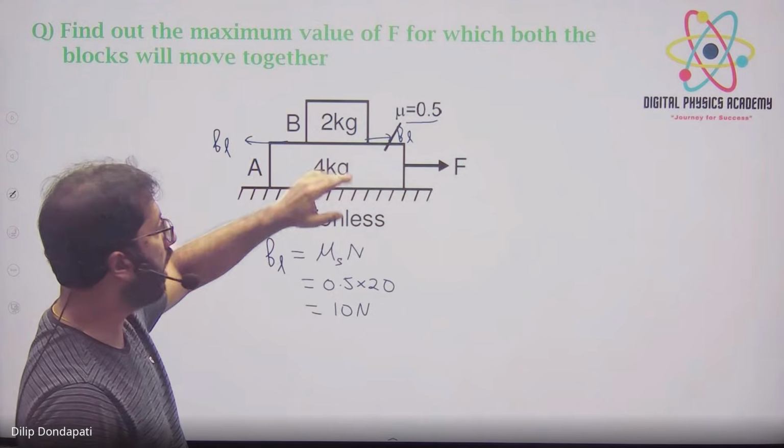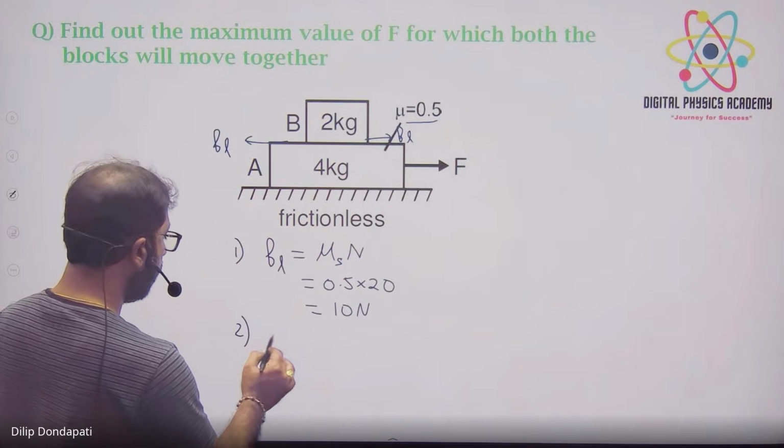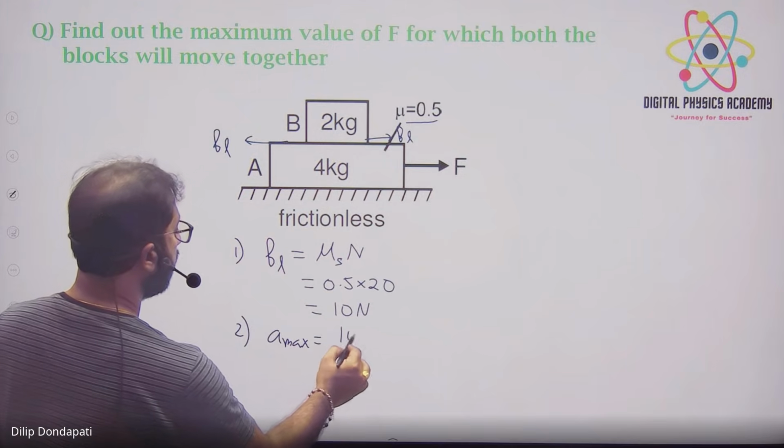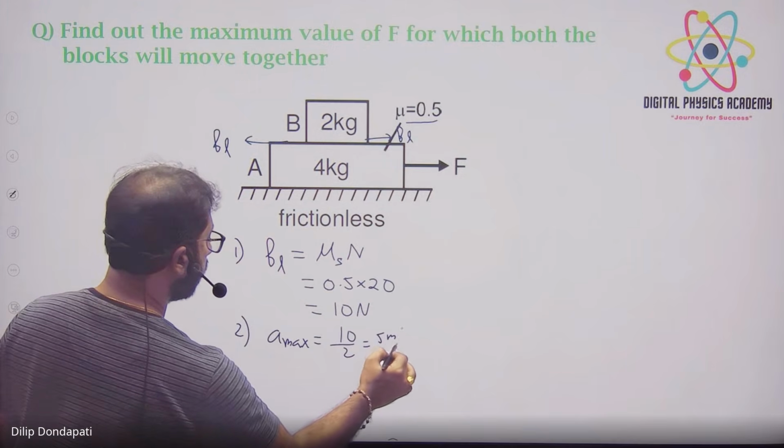Use that and find the acceleration, A max. Net force by net mass, 10 by 2, is 5 meters per second square.